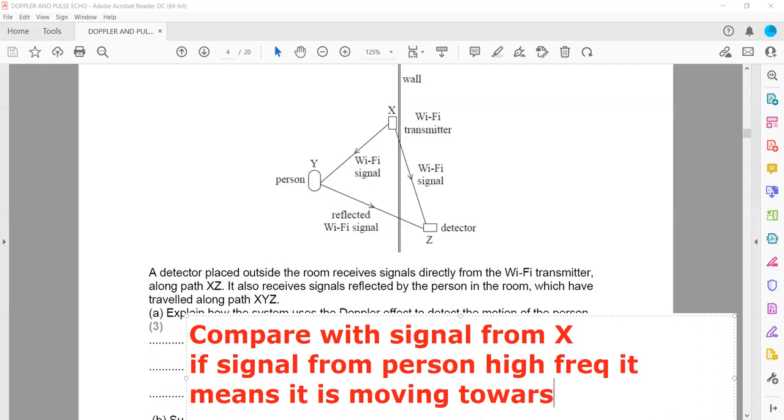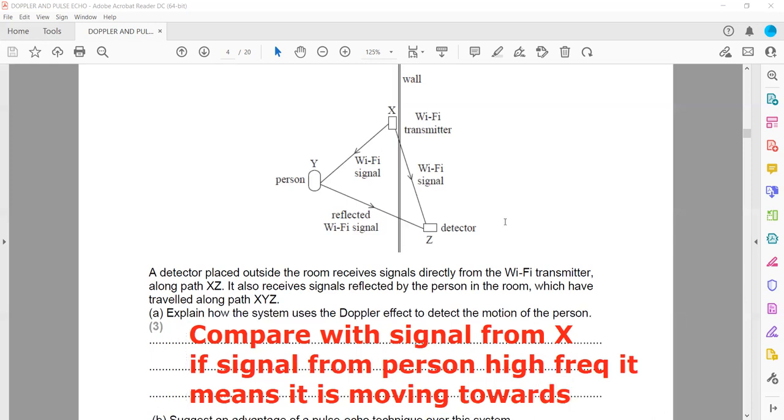And the third mark, the last point you will mention: if the signal received from the person has a low frequency, or the frequency decreases, it means he is moving away.